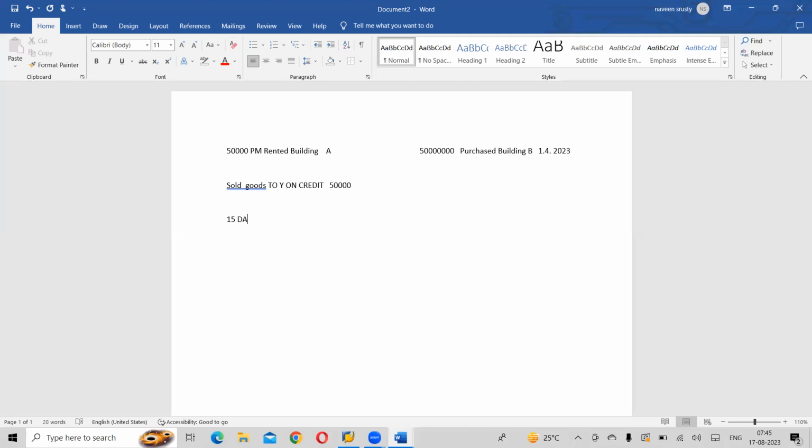So we want to cover it within the balance sheet only. That is the reason we consider this a current asset. Debtors are current assets.